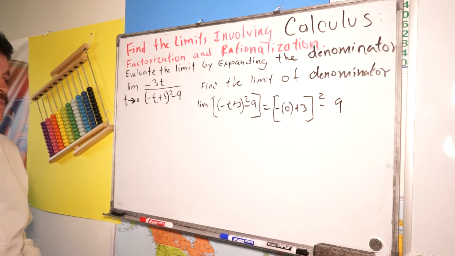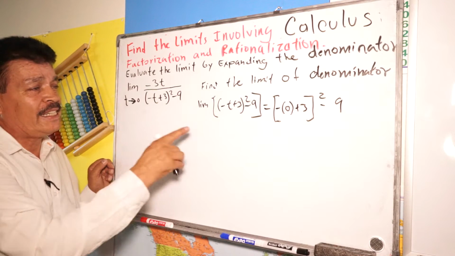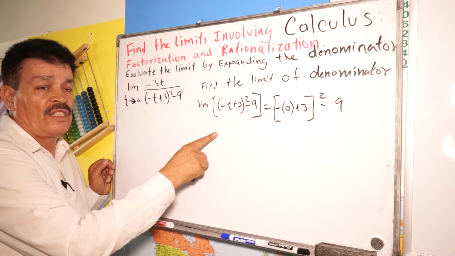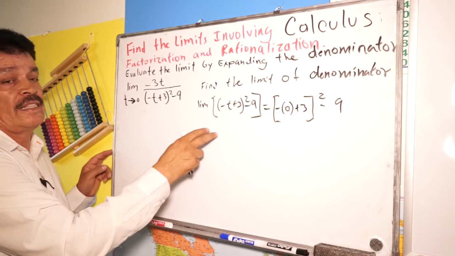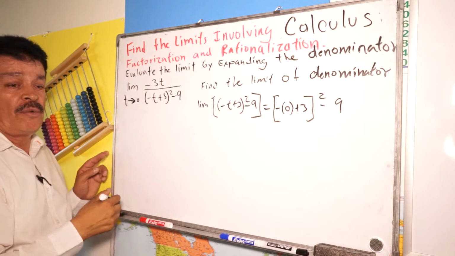All right, so see, the limit of the denominator is 0 here. The limit law for division cannot be used in this problem.